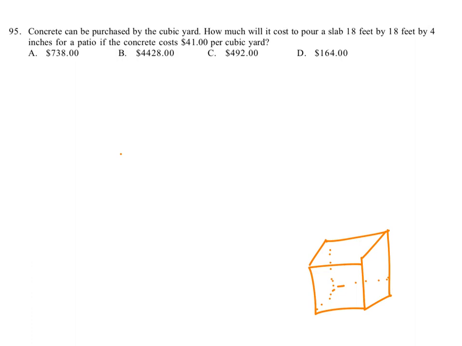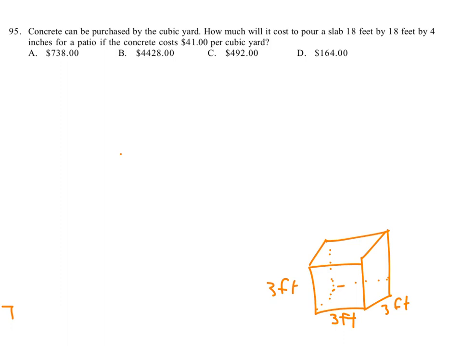Now, what's the idea here? Well, if this is 1 yard on a side, that's the same as 3 feet. A yard is 3 feet, and if you don't know that, then now you know. So that's 3 feet this way, 3 feet, and of course this is 3 feet.